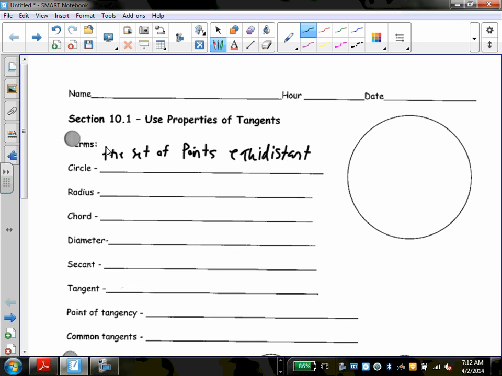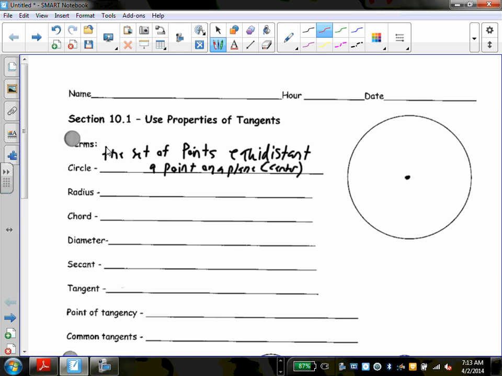Remember that equidistant means the same distance away from a point on a plane, and we usually call this point the center. So right in the middle of the circle, we have that point that's called the center. And it's important to keep the center in mind because the center is where some of our terms are going to start from. So we need to know that this exists.